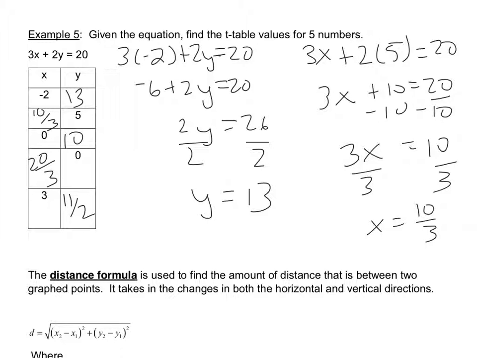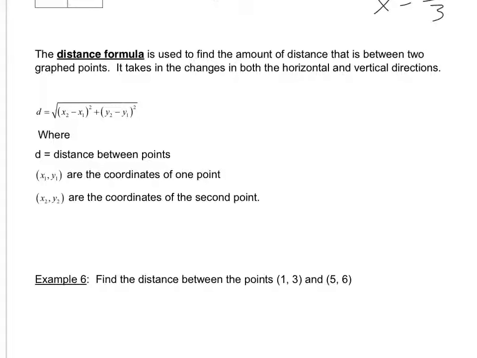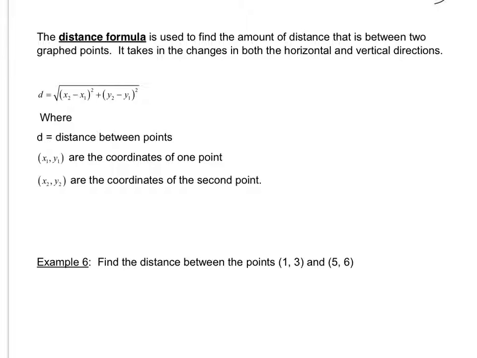Now let's take a look at the distance formula. Okay? Distance formula is used to find the amount of distance between two graph points. It takes in the changes in both horizontal and vertical directions. So it is basically a Pythagorean theorem, but being applied, okay? So what we do is label x1, y1, x2, y2.